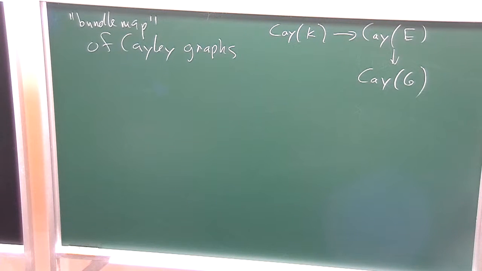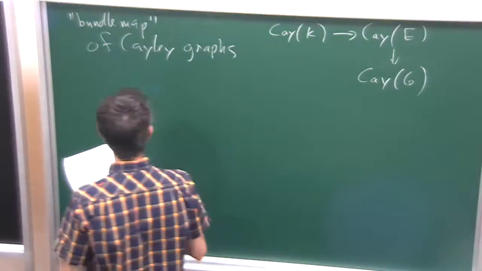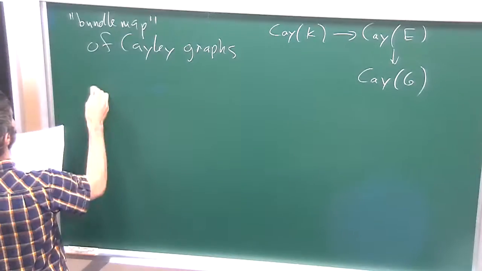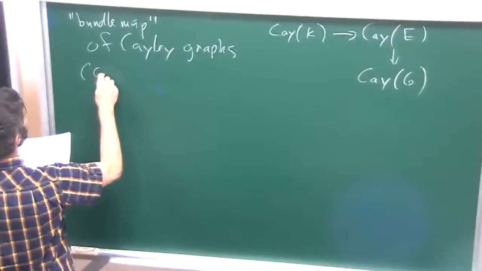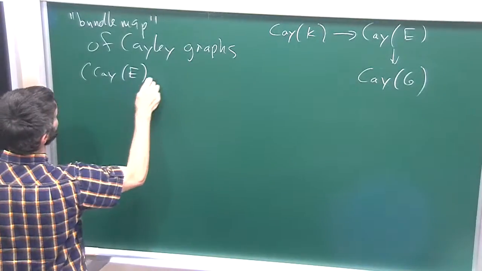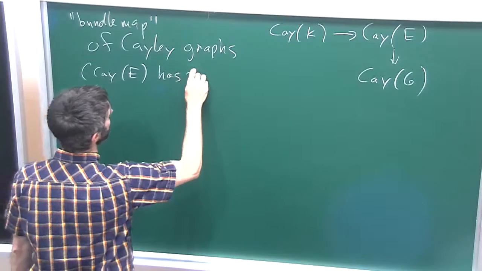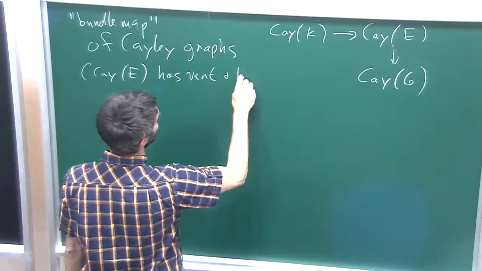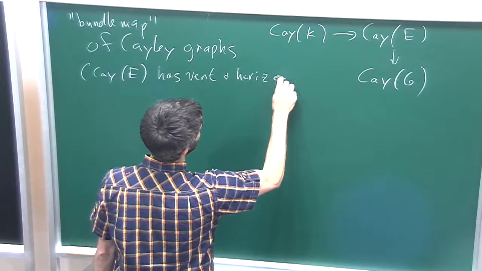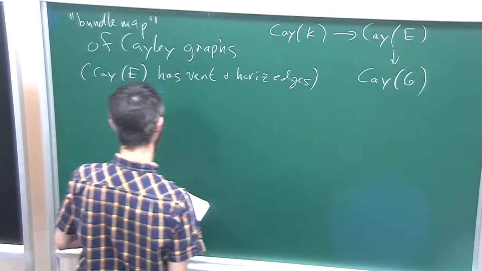OK, you see the picture? So I think of the Cayley graph for E as having vertical and horizontal edges in this way I was describing.